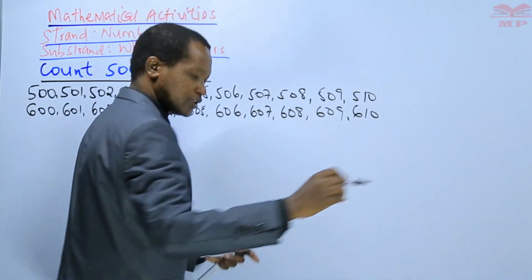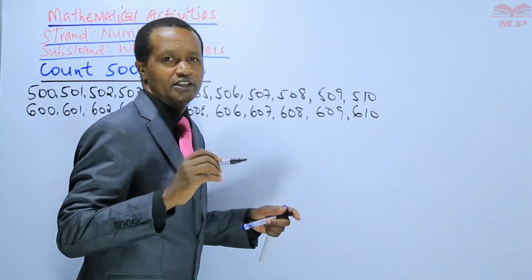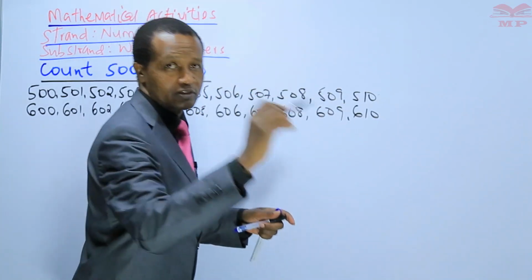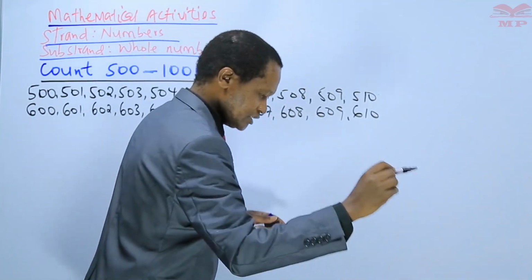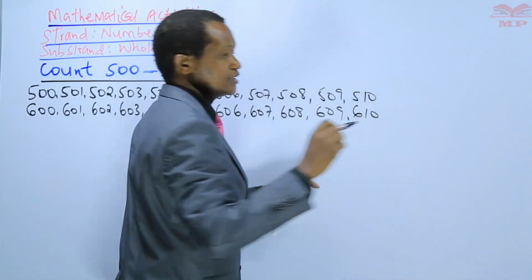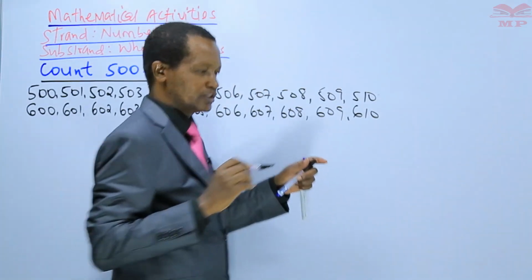I continue 611, 612, 613, 614, 615, 616, 617, 618, 619, 620, 621, 622, 623.